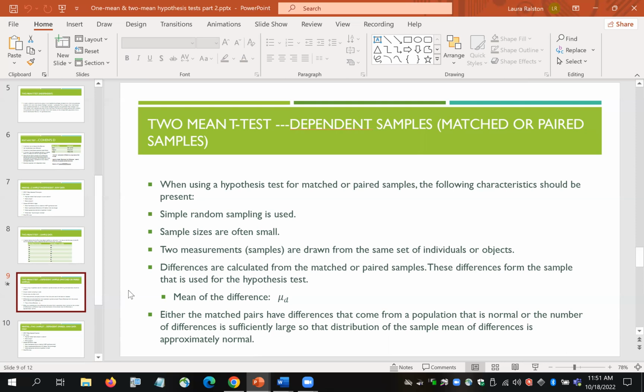Again, because we're using the parametric test and looking at the mean, we have to assume that we have a distribution that is normal. That's the biggest key when you're thinking about a parametric test: we're making the assumption that our distribution is normal. We either know for sure it is, or our sample is large enough that we can apply central limit theorem and force it to be normal.